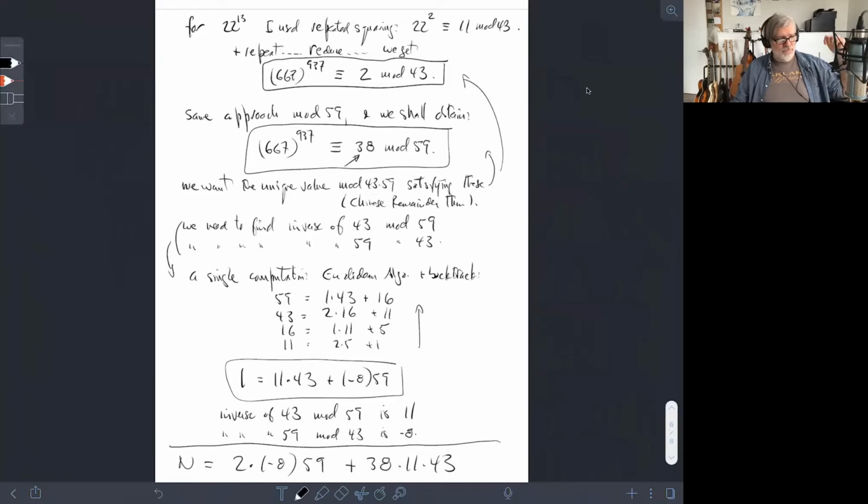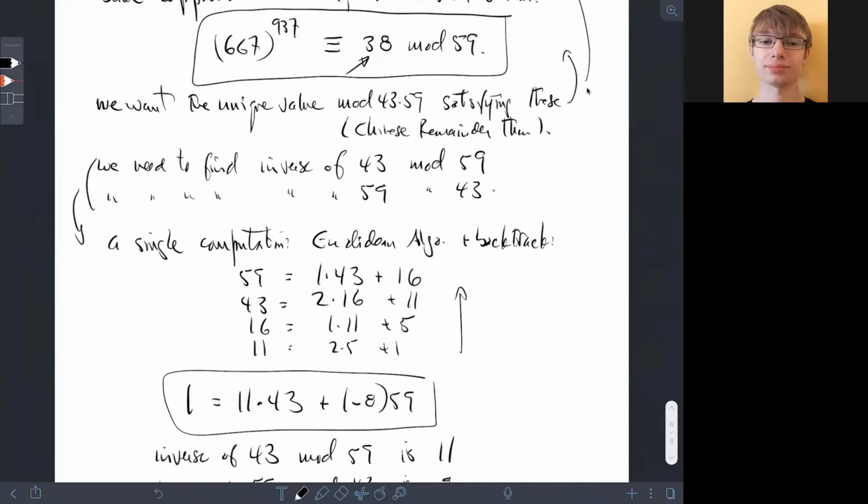Fermat's little theorem, Chinese remainder theorem, Euclidean algorithm. These are like the big important ones, obviously. That okay? Was that good for you?